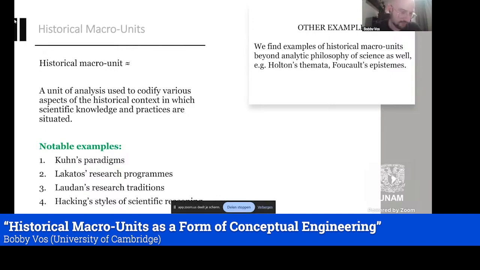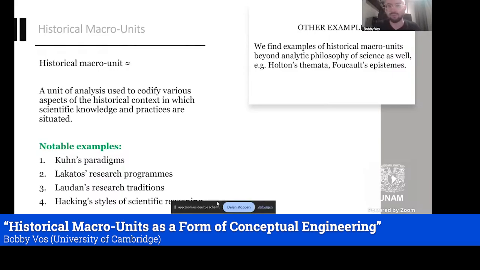So we have another familiar example of a historical macro unit in the form of Lakatosian research programs, of course. Slightly less well known, but still up there in terms of prototypical examples of macro units, Larry Laudan's notion of a research tradition, of a slightly different variety, but still falling under the category, we find Ian Hacking's styles of scientific reasoning.